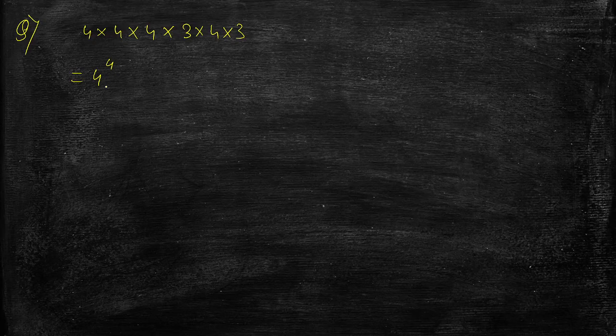So 4 to the power 4 multiplied by 3. 3 is how many times? 2 times. So 3 square. Remember I said whenever there is 2 that will be square, not to the power 2. So we can write this as 4 to the power 4, 3 square. And the relation between them is multiplication.